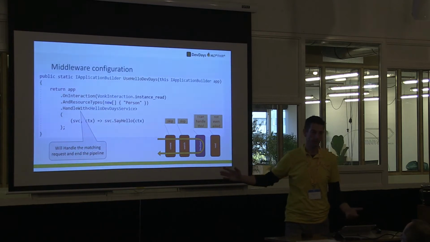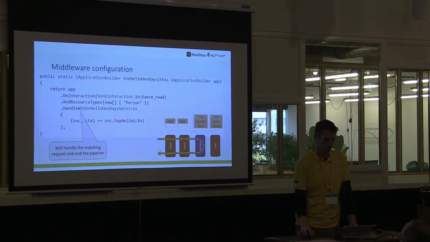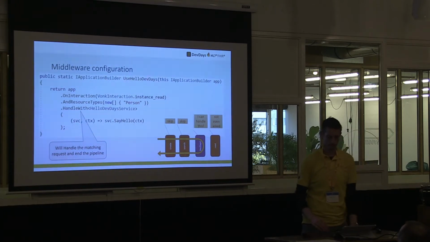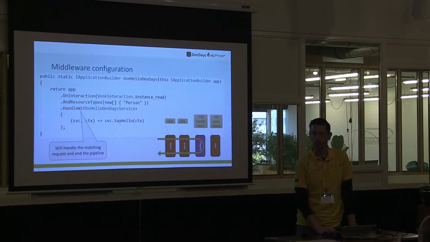And I would never get a chance to react. And you say, well, if the interaction is a read, and it's on person, then handle this with my service. So what this does, it takes your service and wraps it into a piece of middleware in the ASP.NET Core pipeline. But then in a readable way.